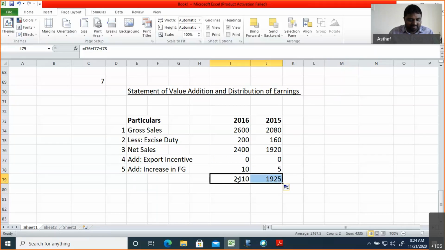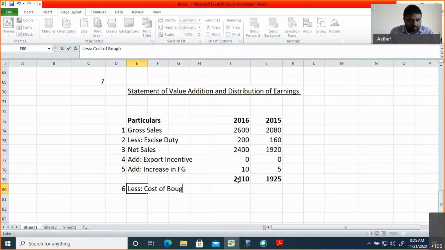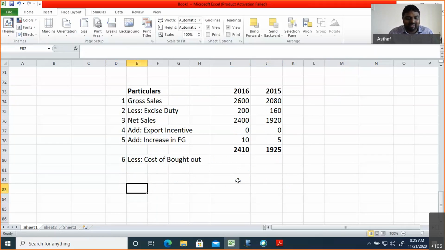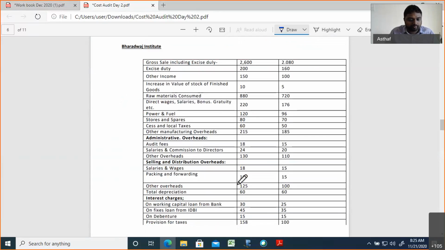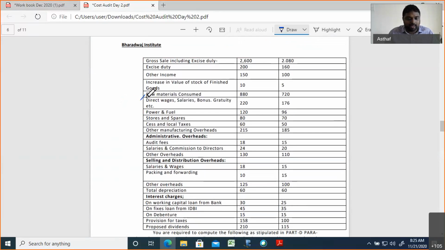Now the main item: less cost of bought out. So the main item we are starting is less cost of bought out. What items will come? Raw material consumed.